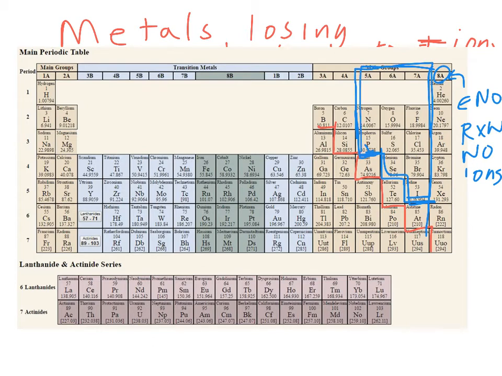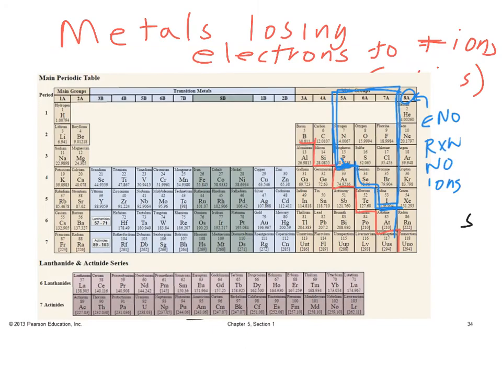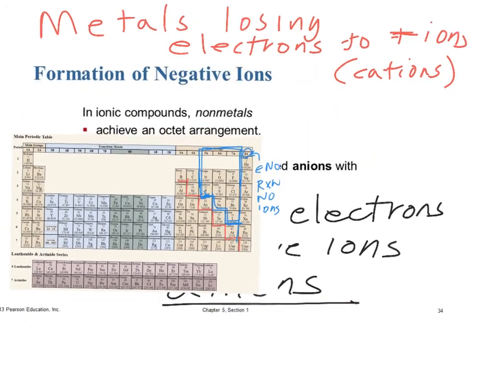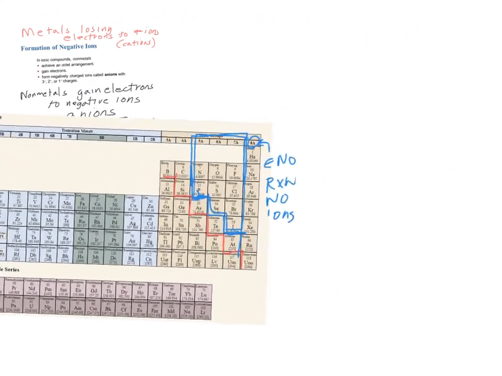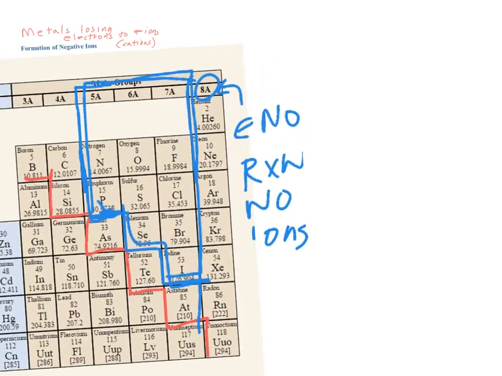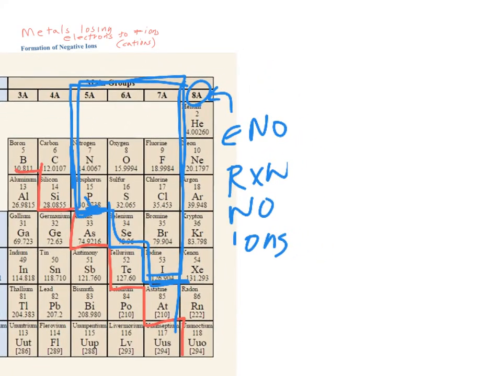To make matters even more interesting, while we say that these nonmetals form anions, that's not the only way they can form chemical bonds. Nonmetals can also form what's known as covalent compounds. So, to put it very simply, nonmetals are like the most interesting man in the world.